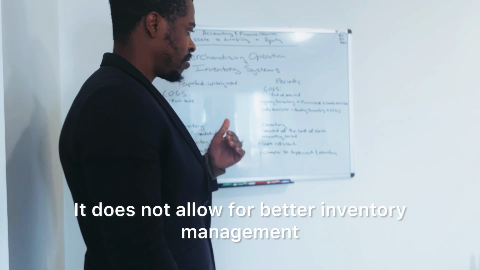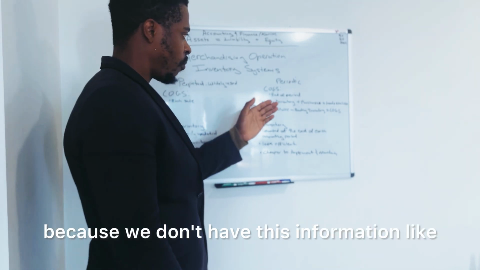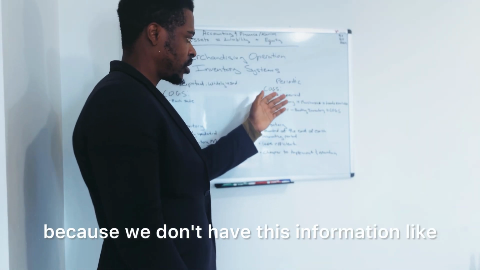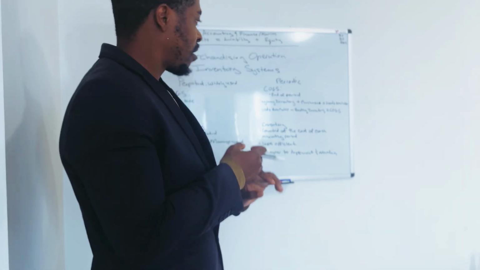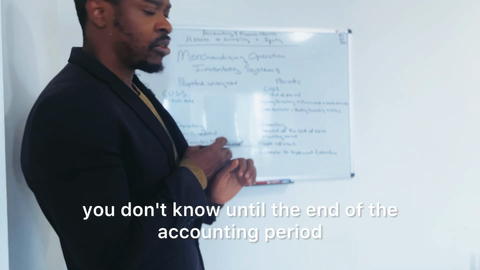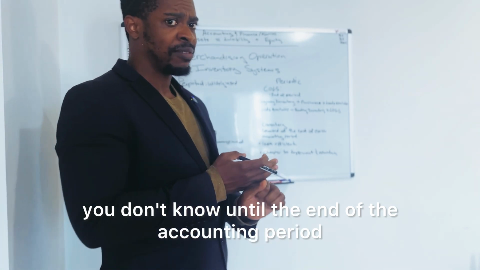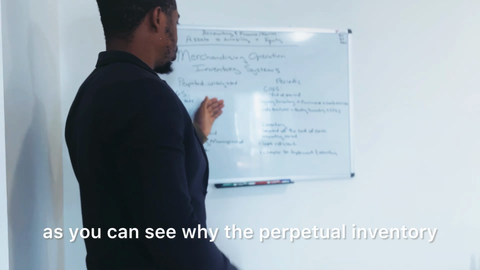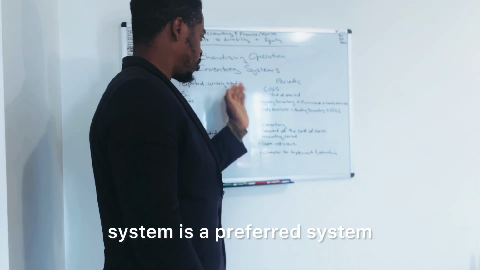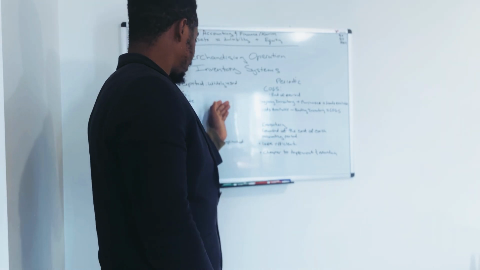It does not allow for better inventory management because we don't have this information, like the cost of goods sold. You don't know until the end of the accounting period. Your ending inventory, you don't know until the end of the accounting period.